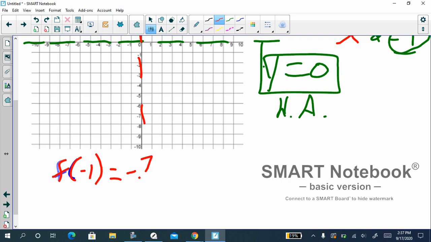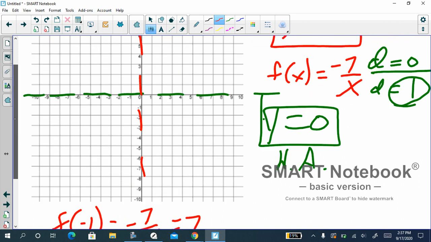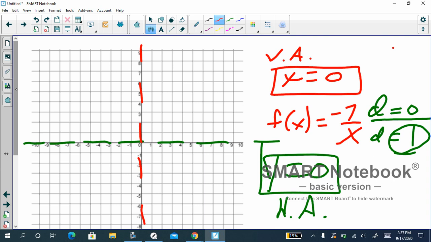If we take our function and plug in a -1, we get 7. So when x is -1, we have a point up here at 7. That tells us which of the two pastures our cow's in. It's in the top one. So it's going to follow the fence that way, and when we get close to the corner, it's going to follow the fence this way. And they're going to follow the fences as far as they go.